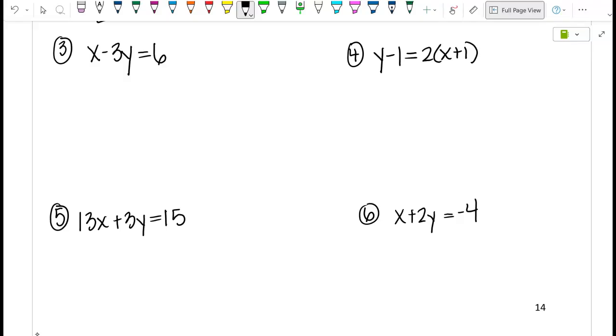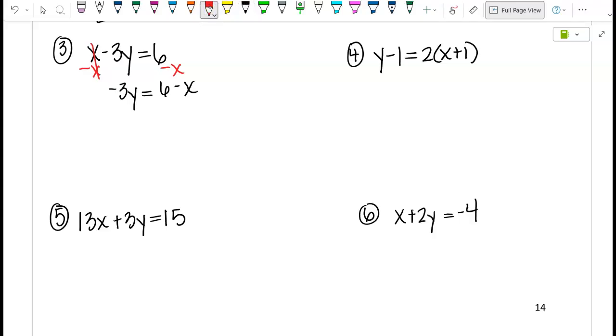Mosiah, what would be my first step on number 3 if I'm trying to solve for y? Subtract x from both sides. So now I have negative 3y equals 6 minus x. And Nayeli, what would be the next step here?